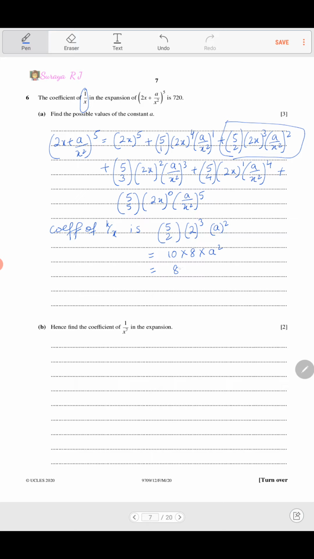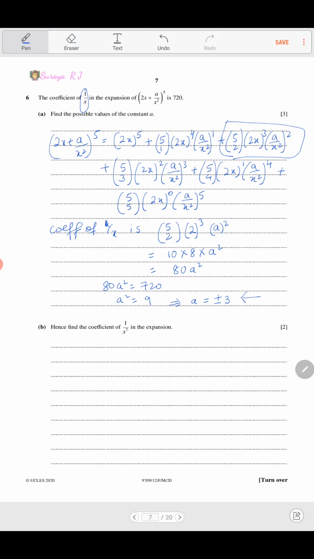So we have 80a squared. This is the coefficient of 1 over x. And we equate it with 720. a squared is equal to 9. So we have a is equal to plus or minus 3. We have two answers for a.